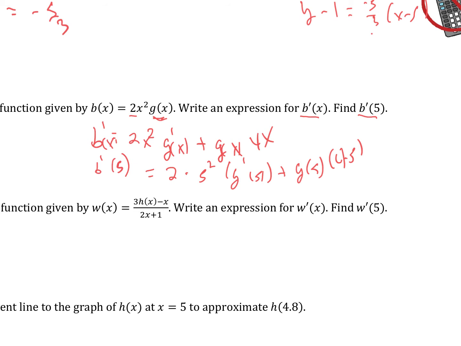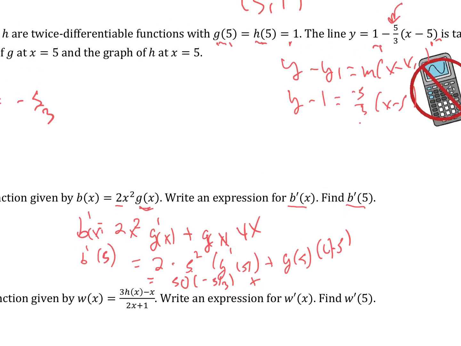So let's continue that. 2 times 25 is 50. G prime of 5, we've already identified to be -5/3. Plus g of 5, we identified it to be 1.